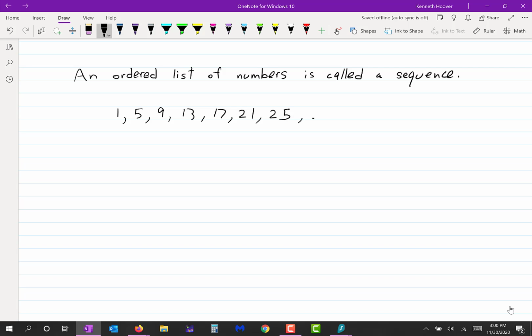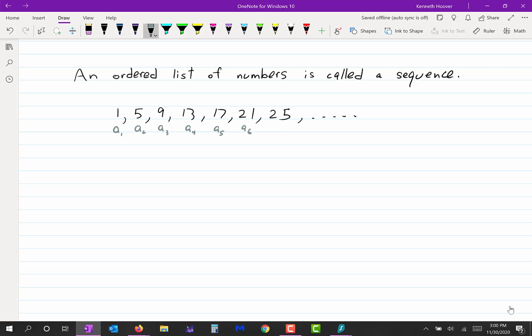That's called a sequence. Some sequences can be defined what you could call explicitly. Oh, by the way, let's use some names here. The first number we'll call a1, and the second number a2, and the third number a3, and so on. Okay?